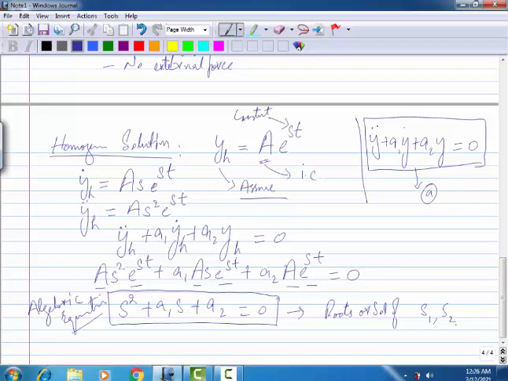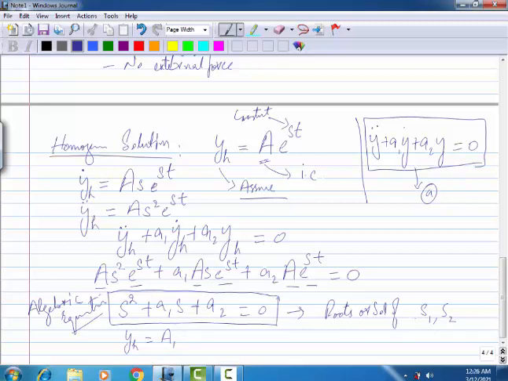Now from here, because there are two solutions, my homogeneous solution can be written as y_h equal to a1 e^(s1 t) plus a2 e^(s2 t).